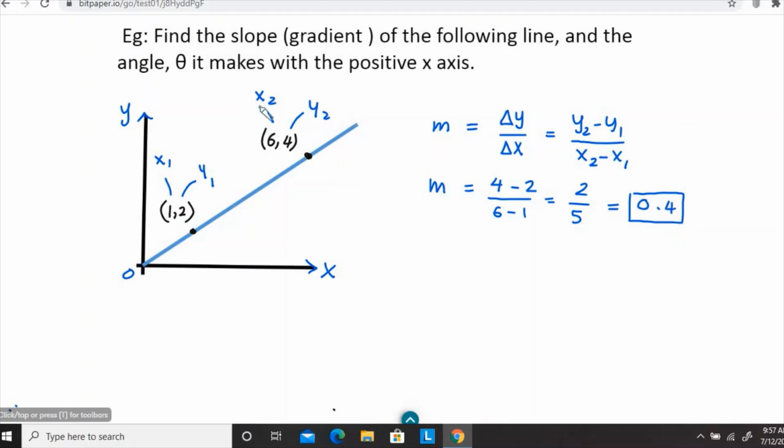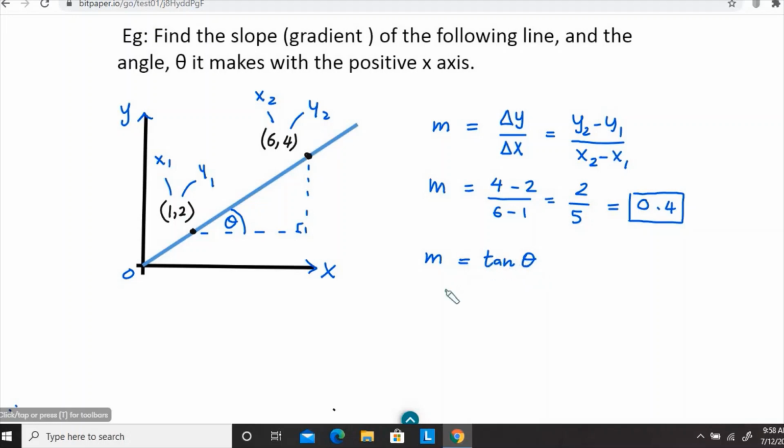So that's part 1. The next one, find the angle it makes with the positive x-axis. So that means, if you construct a right angle triangle, it's this angle. Let me call that theta. We also know that m, or the slope, is defined as the trigonometric function tangent of this angle, tangent theta. So if I want to find theta, I can take the inverse tangent.